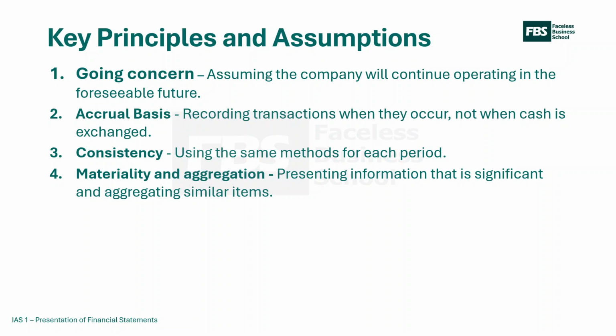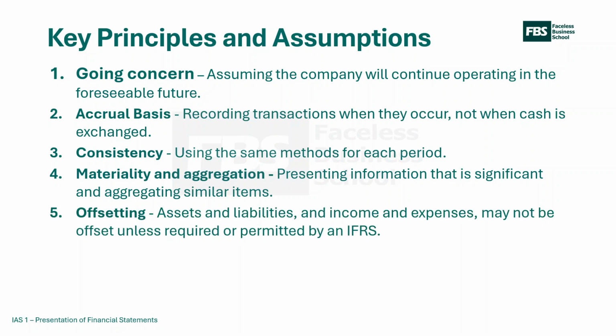However, information should not be obscured by aggregating or by providing immaterial information. Materiality considerations apply to all parts of the financial statements, and even when a standard requires a specific disclosure, materiality considerations do apply. Offsetting. Assets and liabilities and income and expenses may not be offset unless required or permitted by an IFRS.